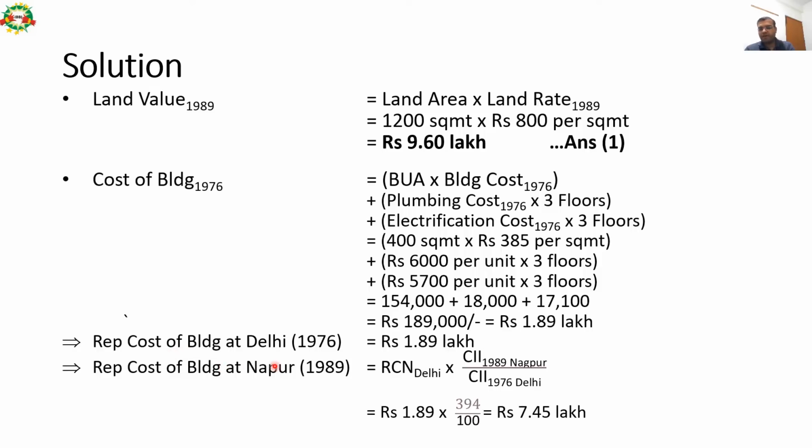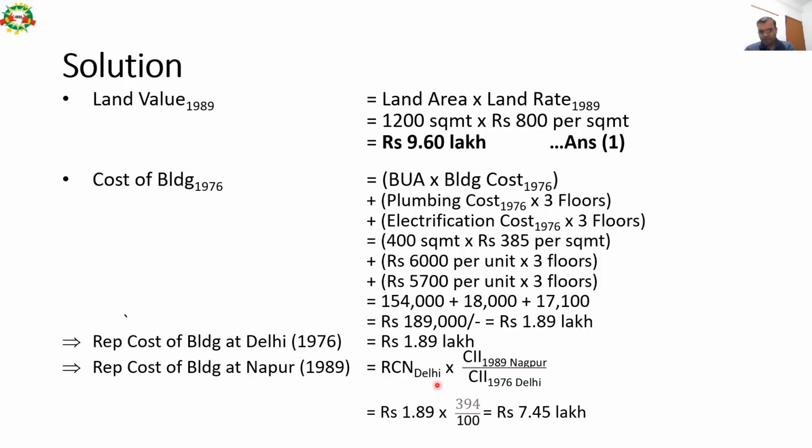Replacement cost of the building is nothing but replacement cost of the building in 1976, and it is equal to 1.89 lakh, right? So now from this value we can calculate replacement cost of the building at Nagpur using the cost index, which has been given for Delhi and Nagpur. So replacement cost new of Delhi in 1976 was 1.89 lakh multiplied by cost index for Nagpur in 1989, which has been given in the question, equal to 394, and cost index for Delhi in 1976 has also been given.